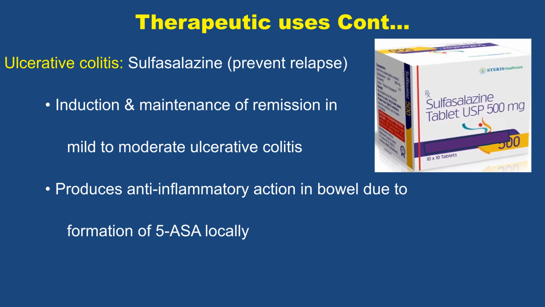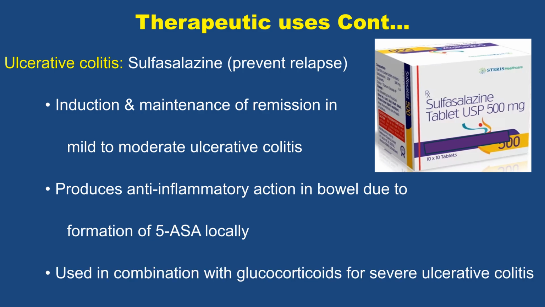And this 5-amino salicylic acid inhibits the cyclooxygenase and cytokines, and thus it produces the anti-inflammatory actions in inflammatory bowel disease. So, in severe ulcerative colitis, sulfasalazine can also be combined with glucocorticoids.